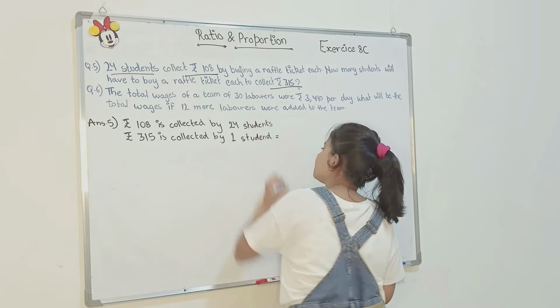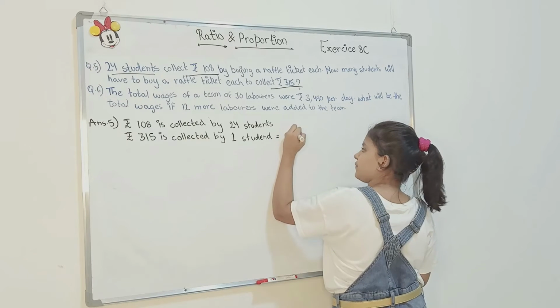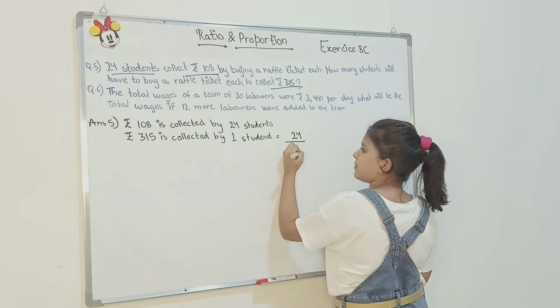Is equal to, now what we'll do is, it would be 24 divided by 108 into 315.